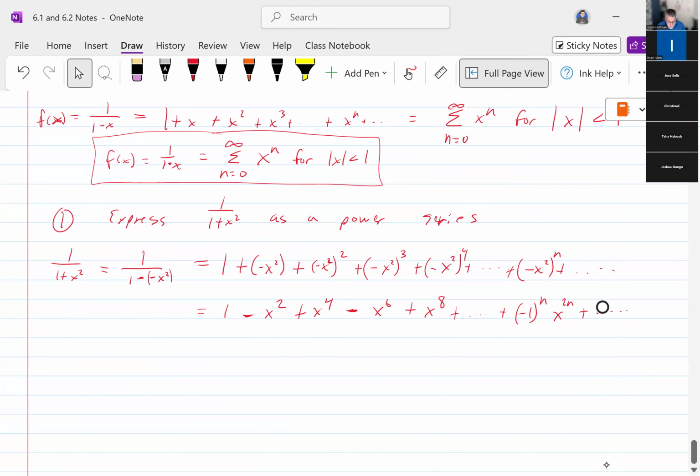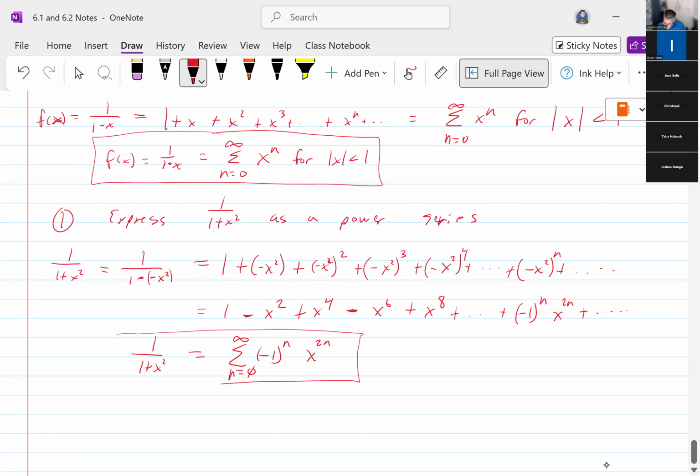And so this is an alternating series. This tells me that 1 over 1 plus x squared is equal to the summation of n equals 0 to infinity of negative 1 to the nth power times x to the 2nth power. And that is my function expressed as a power series.